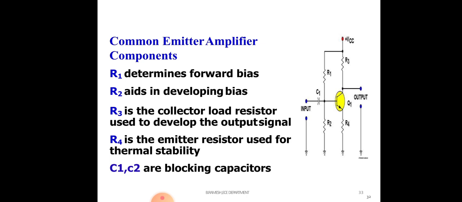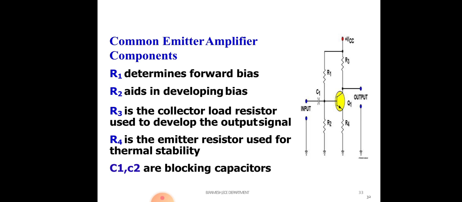Common emitter amplifier components: R1 determines forward bias, R2 helps in developing bias, R3 is the collector load resistor used to develop the output signal, R4 is the emitter resistor used for thermal stability, and C1, C2 are blocking capacitors.